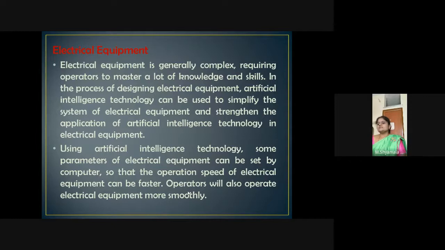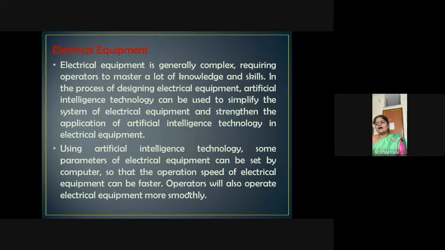So the fourth case, electrical equipment. Electrical equipment is generally complex. It requires operators to master a lot of knowledge and skills. In the process of designing electrical equipment, artificial intelligence technology can be used to simplify the system of electrical equipment and strengthen the application of AI technology in electrical equipment.